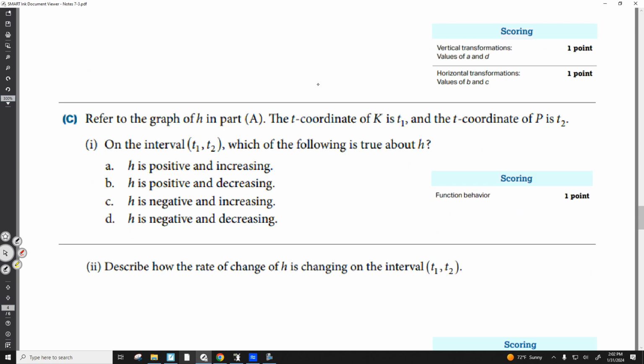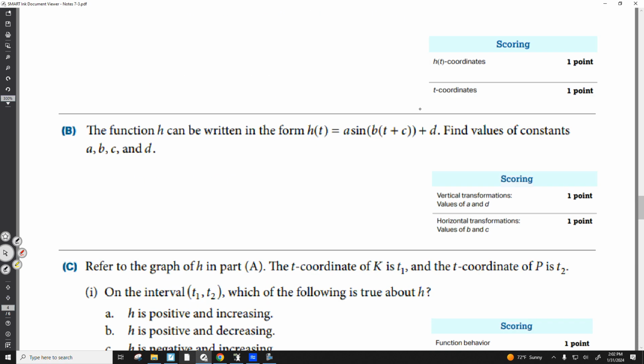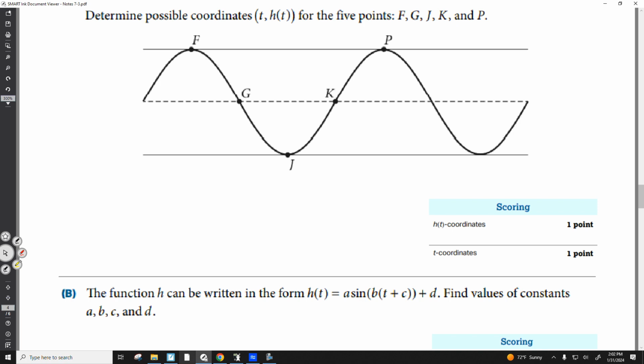Part C. Oh, this looks really crazy, but it's not. K is T1, P is T2. What is true about H on the interval T1 to T2? Between K and P, what's happening? Tell your neighbors, A, B, C, or D. Now, the graph is increasing concave down, correct?